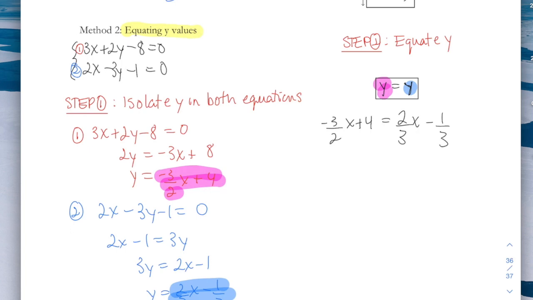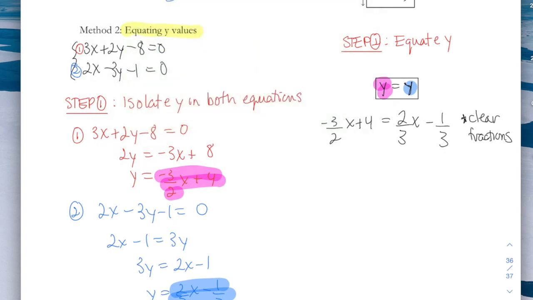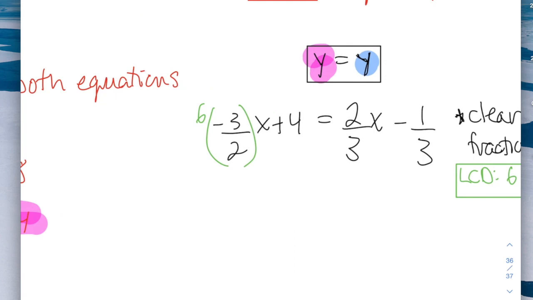The way I do that is by clearing fractions. If you recall way back in a previous unit, we find the LCD, and in this case the LCD is 6, and then I'm going to multiply every term in my equation by 6 in order to clear my fractions.